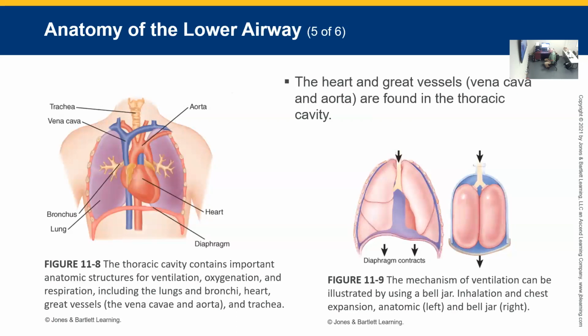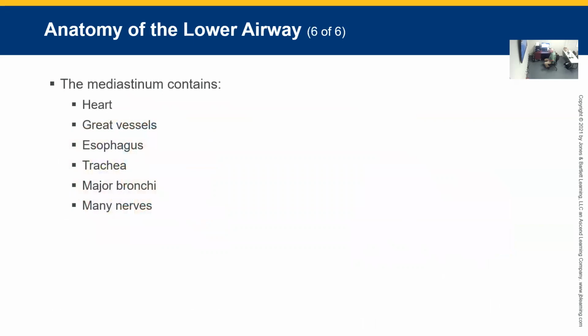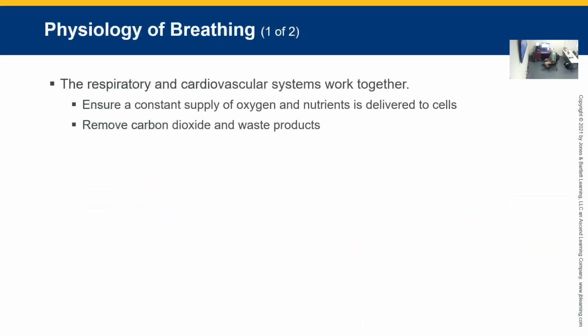Anyone who has hiccups, it's a spasm of the diaphragm. That's what hiccups are. So mediastinum, I mentioned a minute ago: heart, great vessels. Many very important anatomical structures are in this area, so you'll hear mediastinum mentioned periodically, and you'll know where that is.